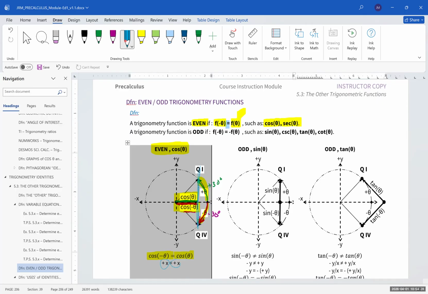If the angles had been over here in quadrant 2, like that, the x values of these two would be exactly the same, but they would just both be negative. So that's why cosine is even. Cosine will give you the same output value if you've got a negative or a positive of that same angle measure.